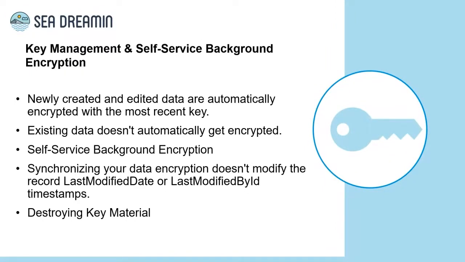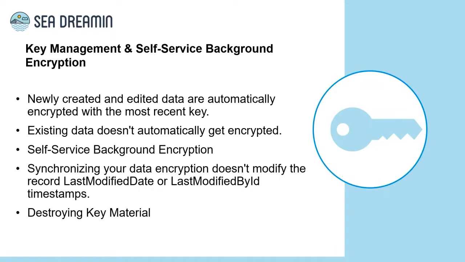For that, we have two options. Salesforce is offering a self-service background encryption. Using that, we will be able to encrypt the existing data. If the data volume is huge, in millions, then we can request help from Salesforce support to encrypt the existing data.